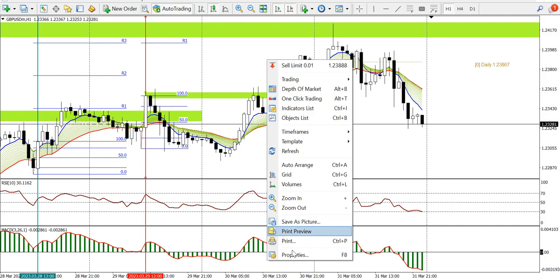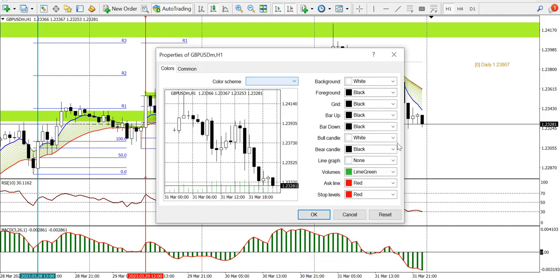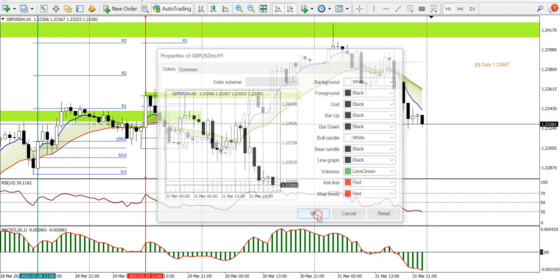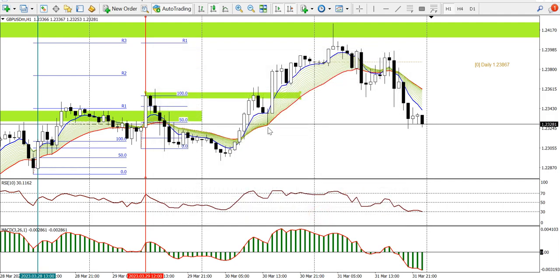If there is a doji candle and it rejected this area, we could have opened a buy stop here. This would be at least 2 hour profit from this trade. 2 or 3 hour profit could be a possibility.